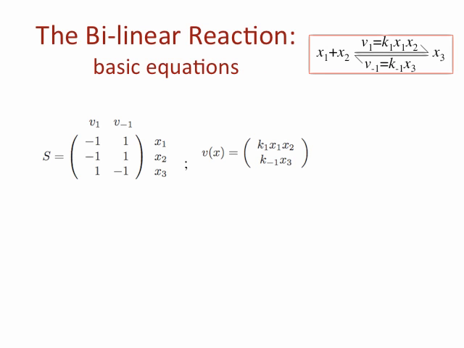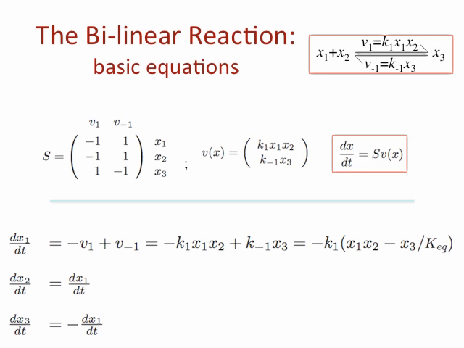The ordering is arbitrary. I can pick any order, but it has to be consistent between S and V. Now I have what I need for my dynamic mass balance. Of course, I now need to specify the rate constants and the initial conditions to carry out a simulation.